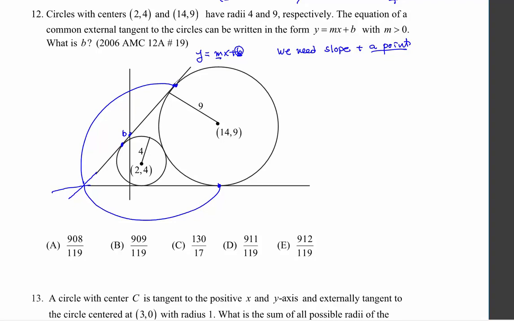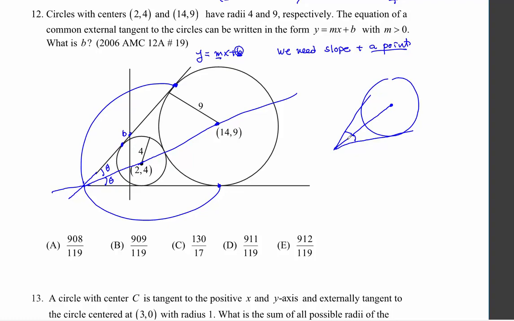And when you make the line, this line passes through the middle. If this angle is theta, the other angle is also theta, because this is a tangent. When you have tangents from a point, the line through the center bisects the angles.